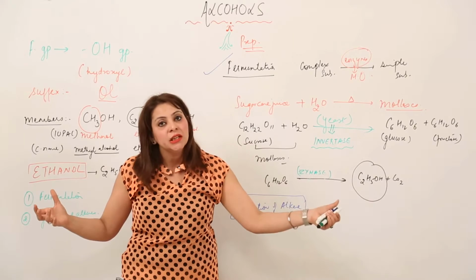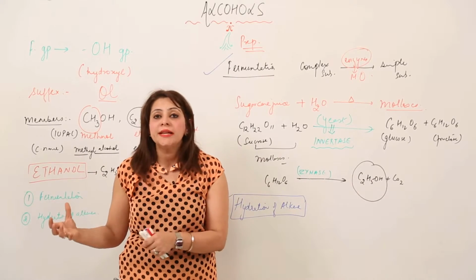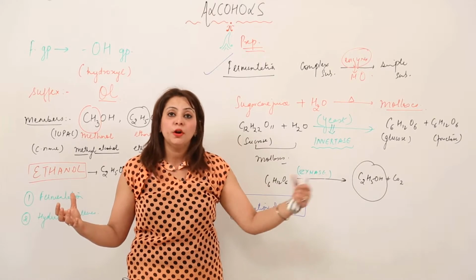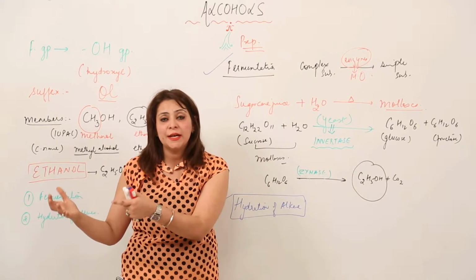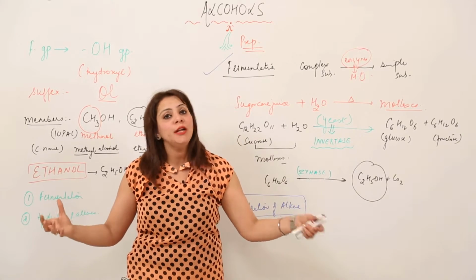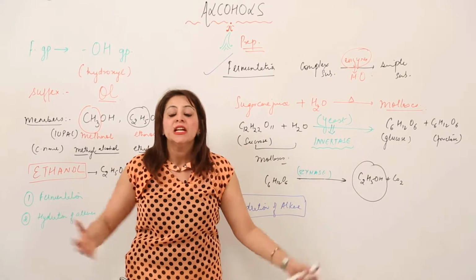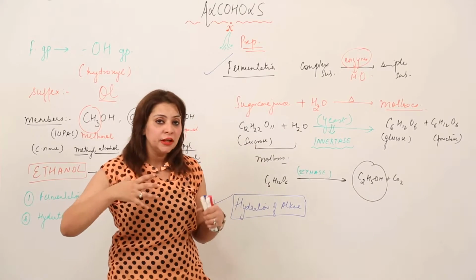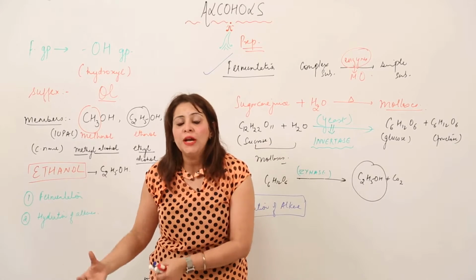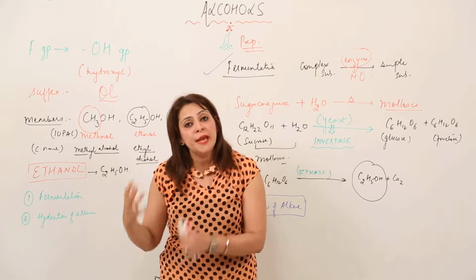I'll be taking ethene. If I wish to prepare propanol, then I'll be taking the same carbon atom member of alkene, that is propene; butanol, then butene; pentanol, then pentene. That means for the member of alcohol which I wish to prepare, I'll be using the alkene with the same number of carbon atoms.